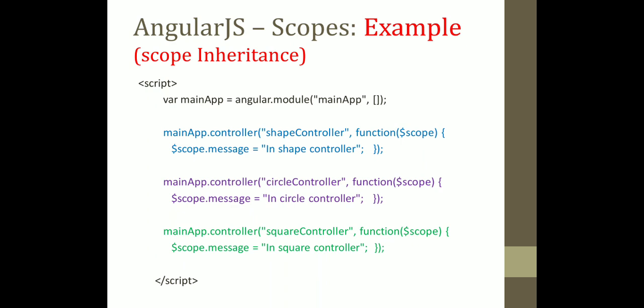So wherever we display a message in the view part, its value will now get displayed as in shape controller or in circle controller or in square controller. So the functions can be defined with this particular $scope. Okay, so we can see this scope is combining these controllers or many controllers in one application.